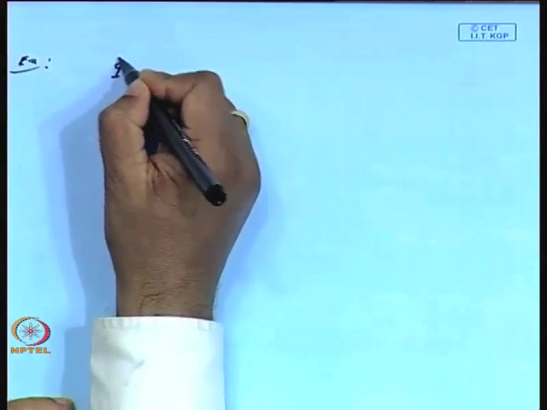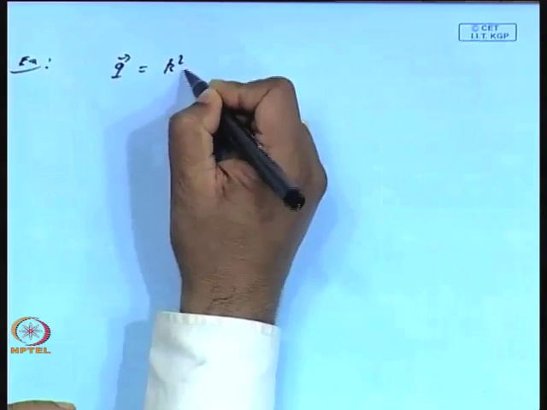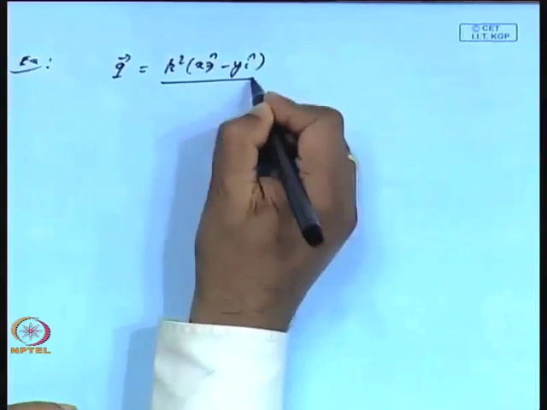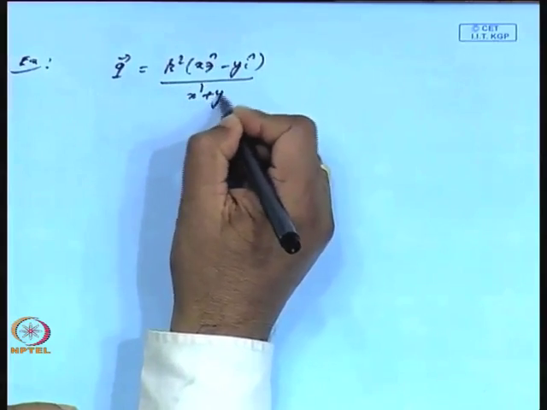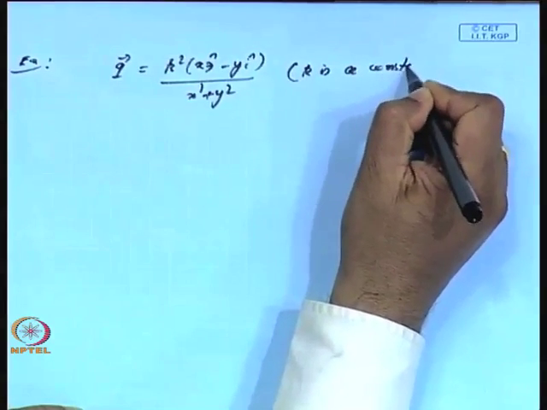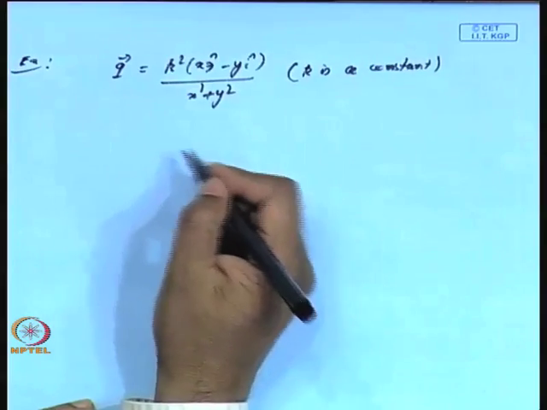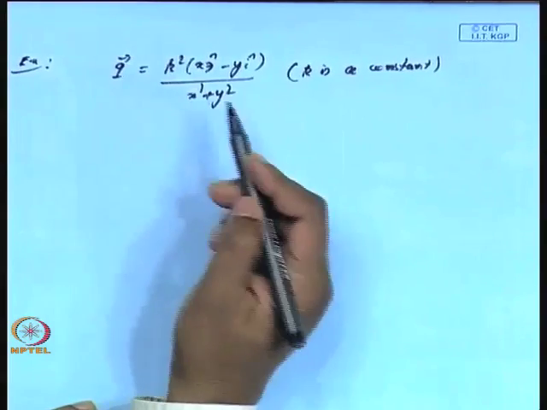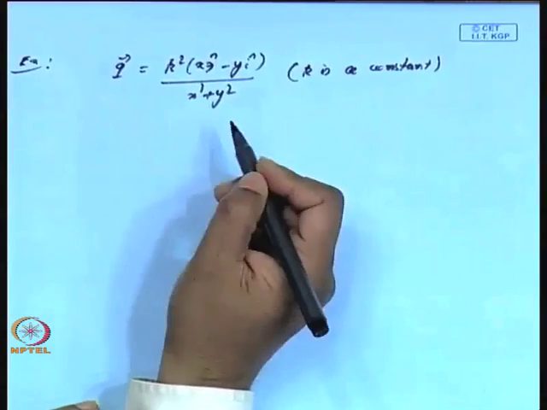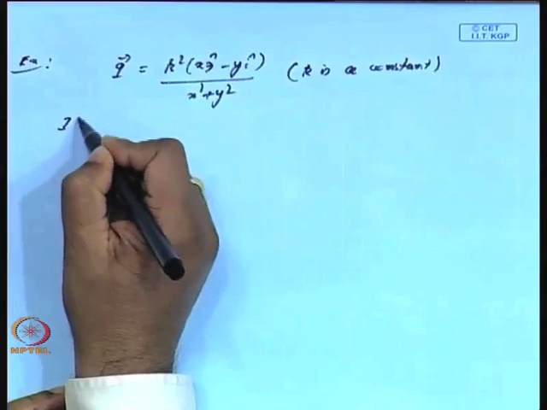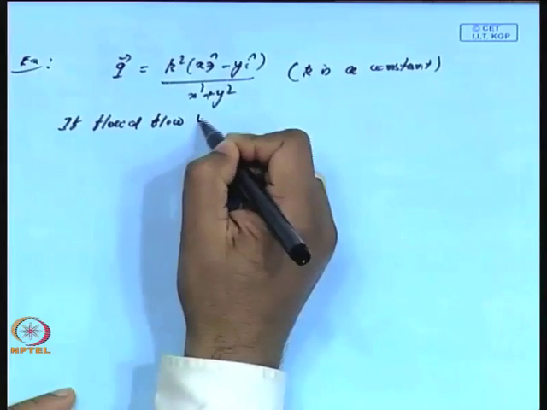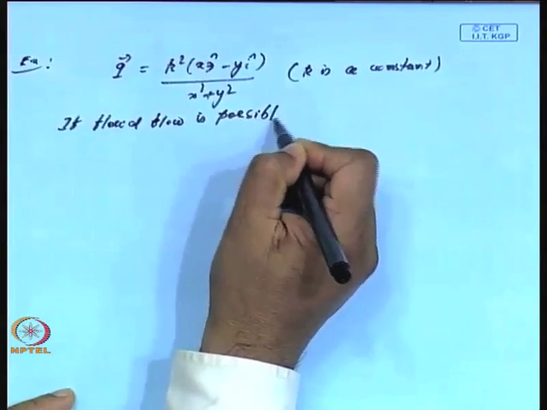Let me say q bar equal to k square times (x j hat minus y i hat) divided by x square plus y square. Here I assume k is a constant. Now, whether this q bar relates to some fluid motion or not; if a motion is possible, find the streamlines.